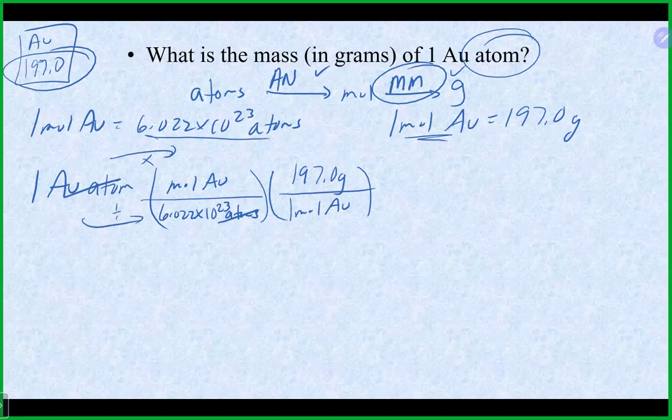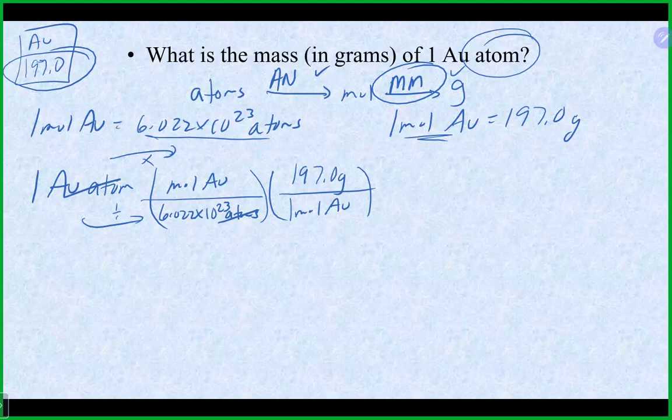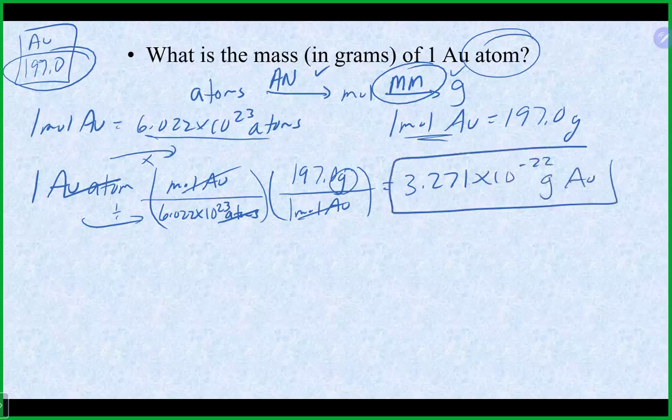Remember, Avogadro's number is in scientific notation, so we want to make sure we are using our exponent button here. So basically 197 divided by 6.022, exponent button 23. And by the way, the moles here will cancel, leaving us grams left over. That's going to get me 3.271 times 10 to the minus 22 grams for our gold atom here.